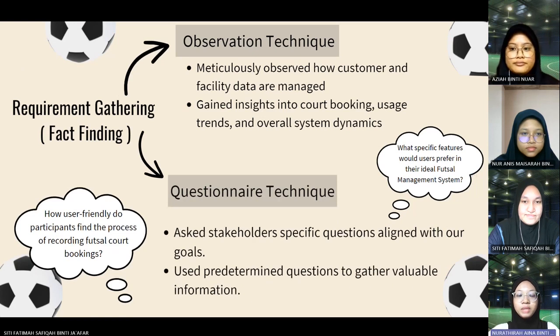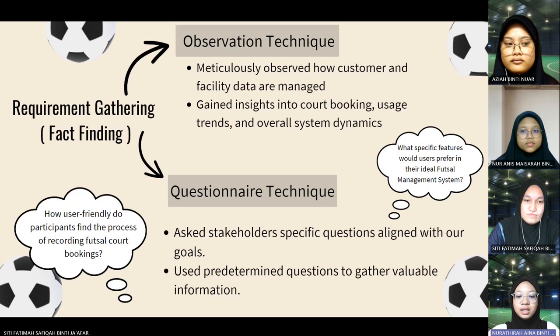For requirement gathering, we use two techniques, which are the observation technique and the questionnaire technique. For the observation technique, by actively observing the system, we gain information on how issues occur within the futsal facility, and this provides an understanding of the challenges within the futsal management system.